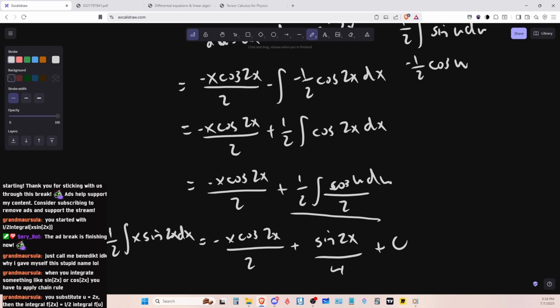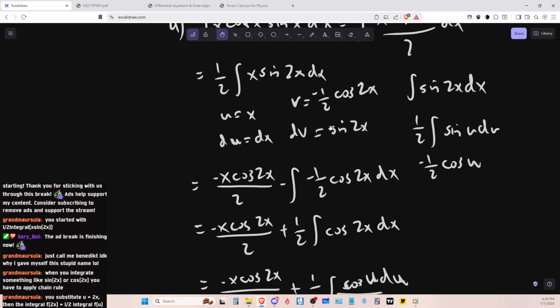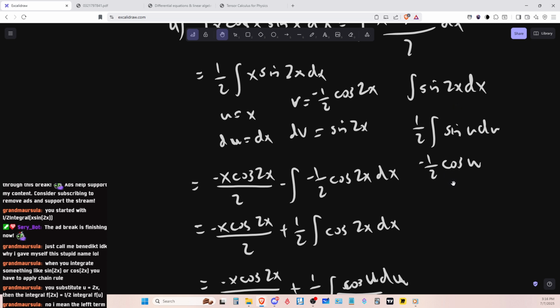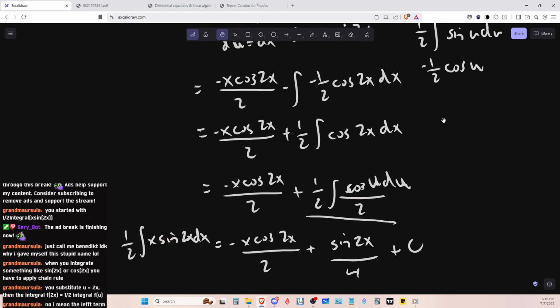Like this is a U. Unless you're telling me that I missed somewhere in the middle. Let me check. Maybe I didn't differentiate right, or integrate right. Let's see. Because you integrate this, took it to U, and then basically that would be a half as U. I mean the left term.